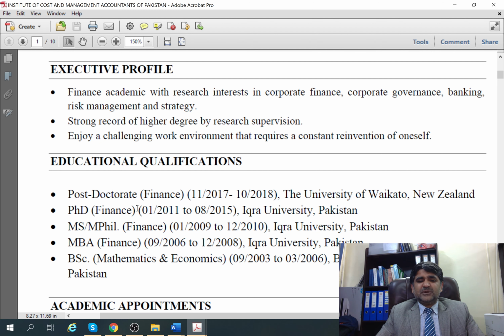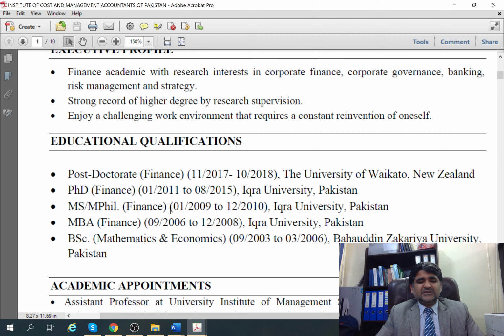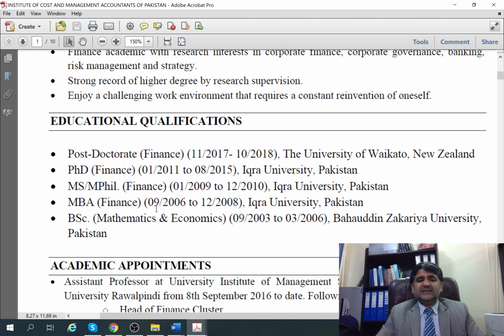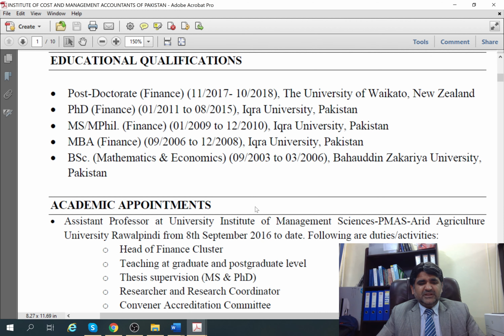Here you start from your most recent qualification, meaning your PhD. You can write the time duration, how much time it took, and you can mention the name of the university where you earned your PhD and so on. Then your master's degree and your undergraduate degree. And there, if you mention CGPA, that will be much better. CGPA or percentage, that's also appreciable. So it's up to you.